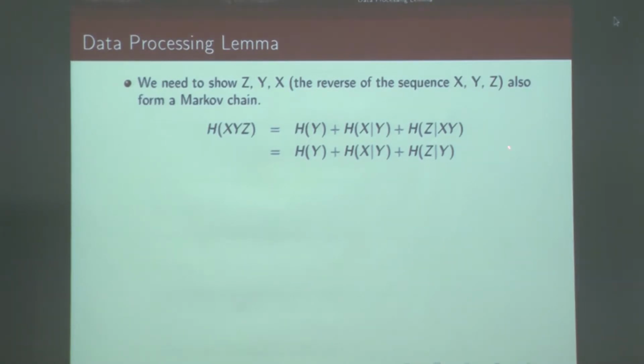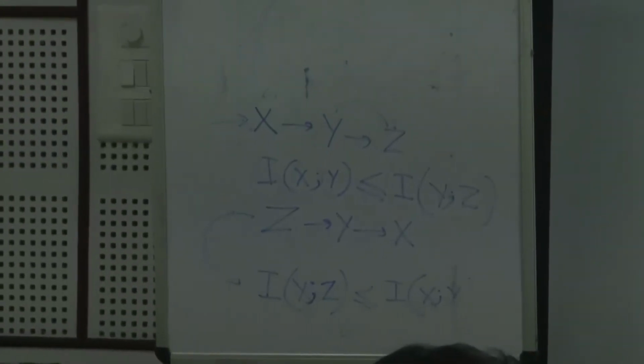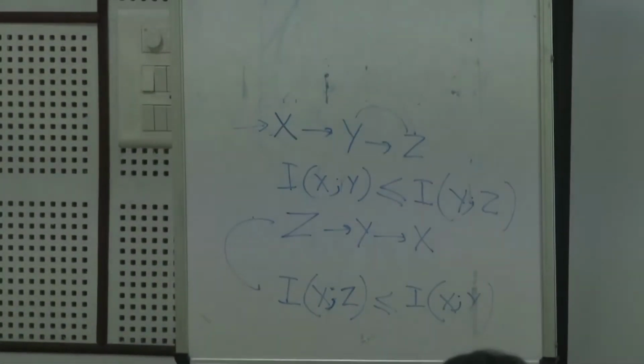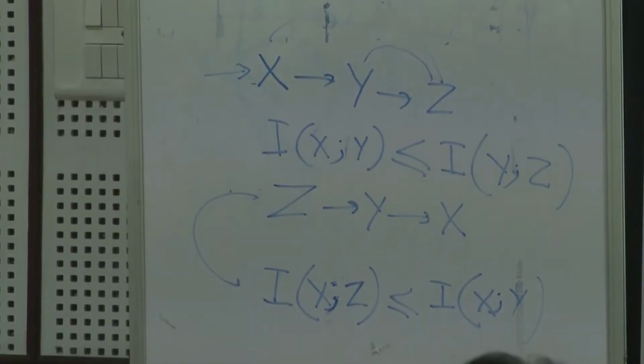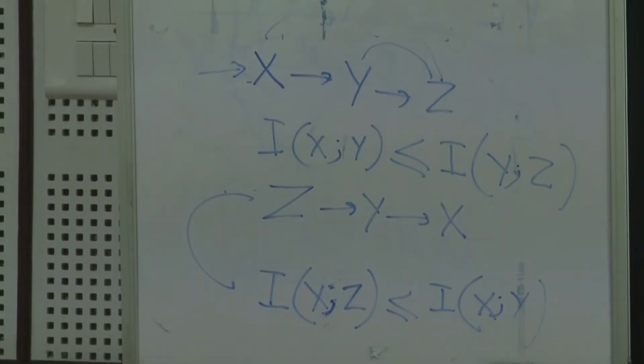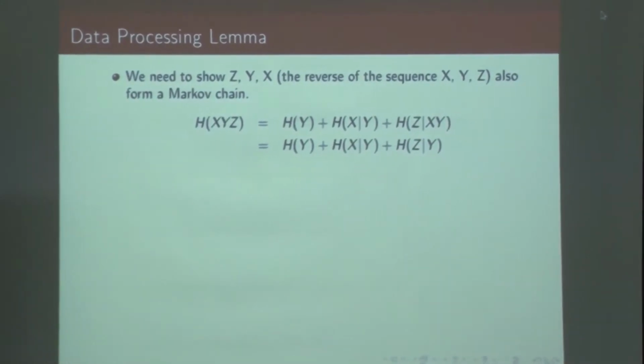Now, x, y and z form a Markov chain. So, z given y and x will be h of z given y. So, what we have shown so far is h of x, y, z is h of y plus h of x given y plus h of z given y.